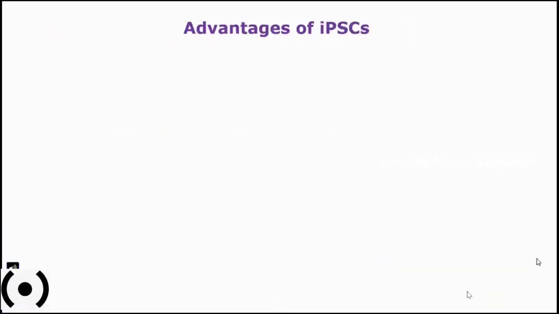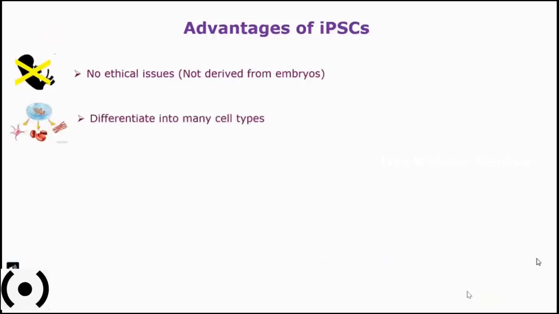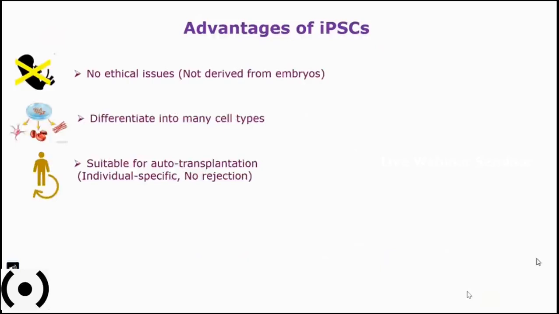Now look at the advantages of iPSCs. The biggest advantage is that you do not require embryos. There are no ethical issues. iPSCs can differentiate into many cell types. They are suitable for autotransplantation, so they can be patient specific or individual specific.